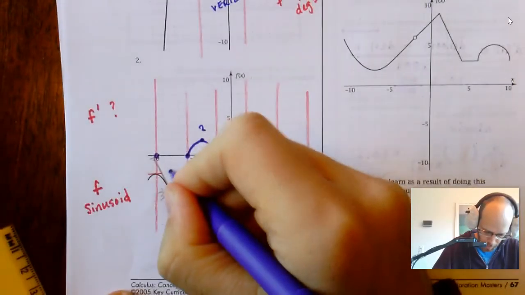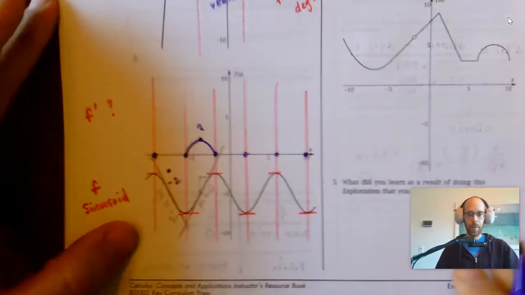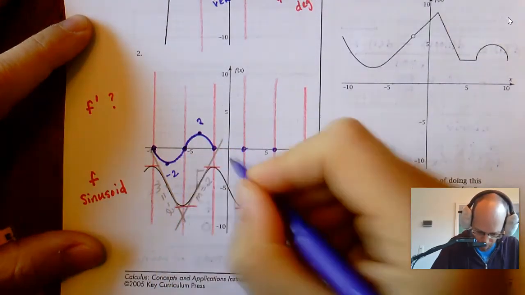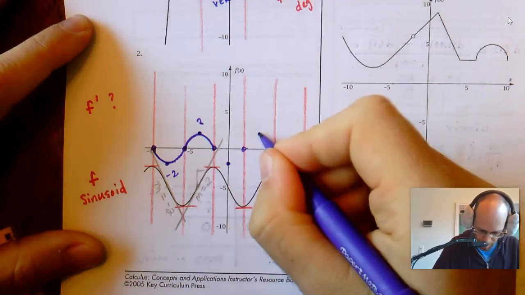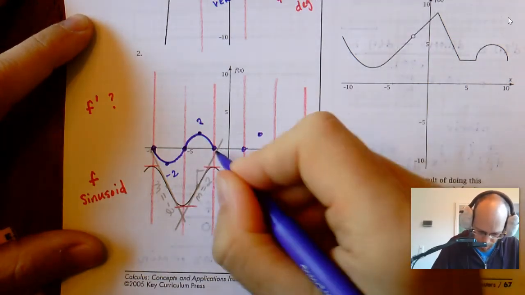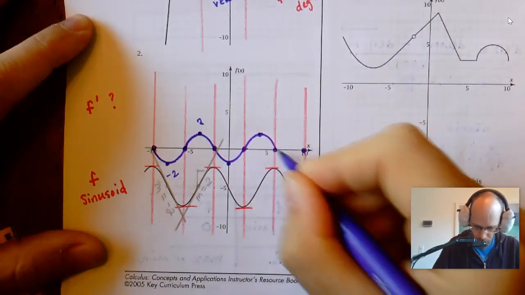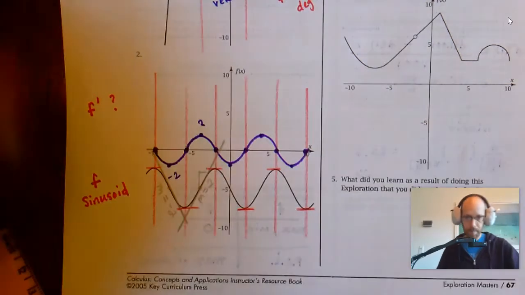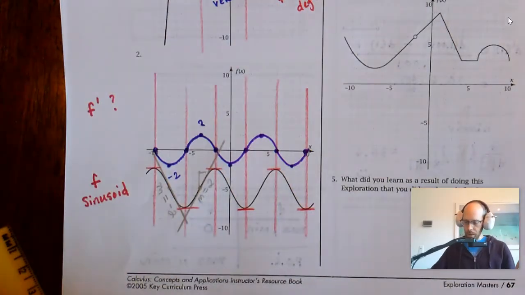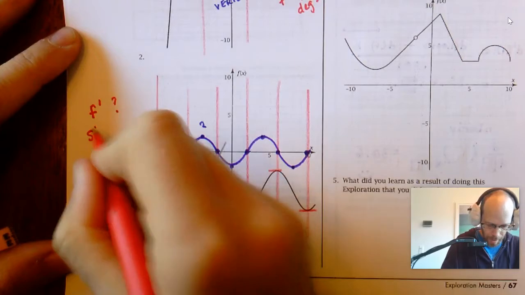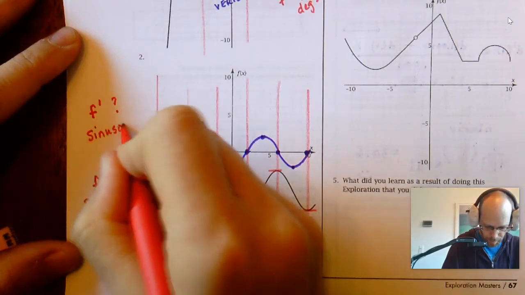So I'm going to mark a point on our derivative graph at -2, which means we get something like this. And that pattern, because of the repeating nature of this graph, is going to continue all the way across. So our derivative function, which I just drew, is also a sinusoid.